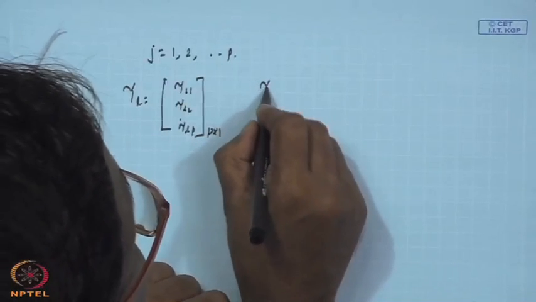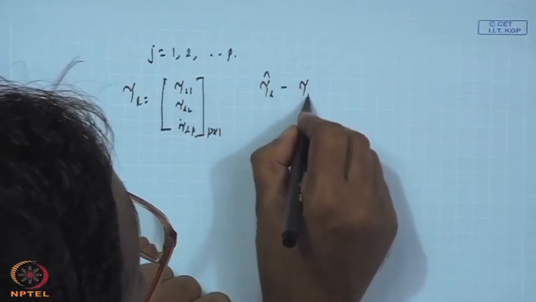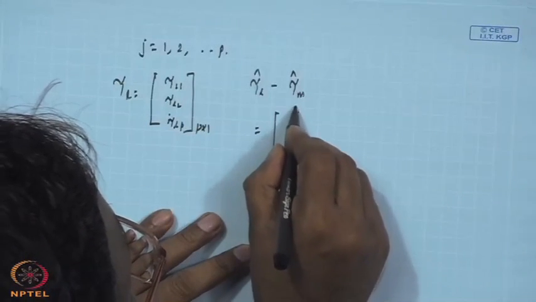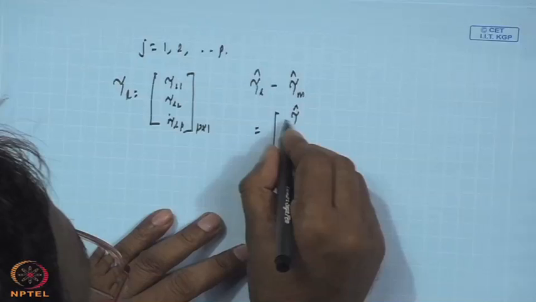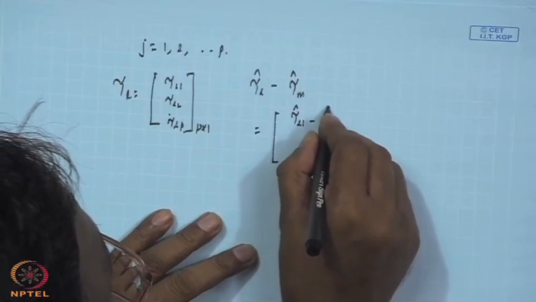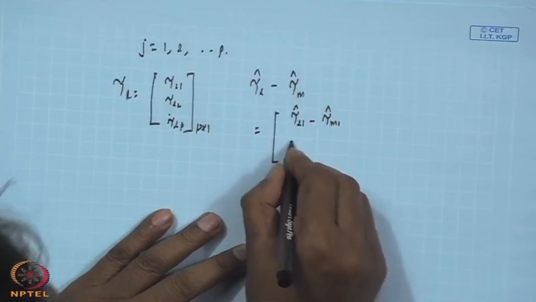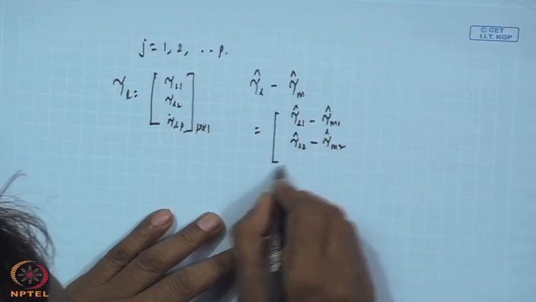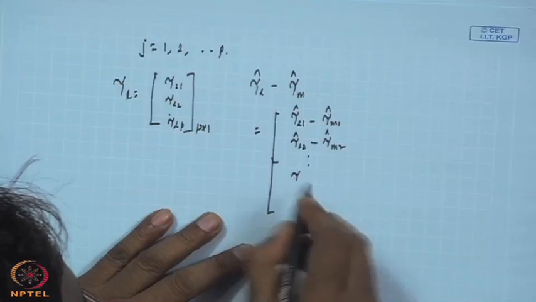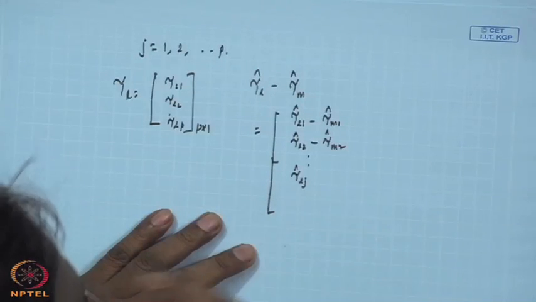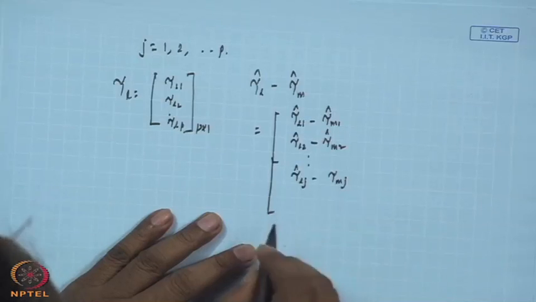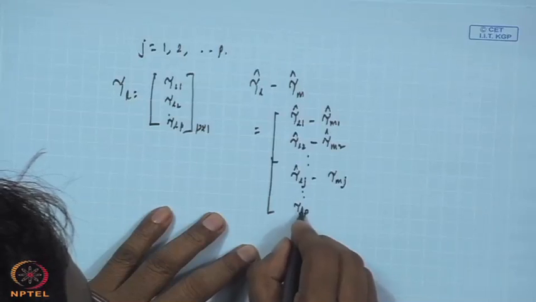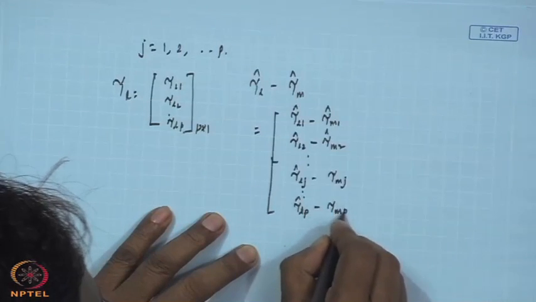When I say tau L cap minus tau M cap, that means here this is tau L1 minus tau M1, tau L2 minus tau M2. Like this I can get one point where tau Lj minus tau Mj, then slowly up to the last variable tau Lp minus tau Mp.